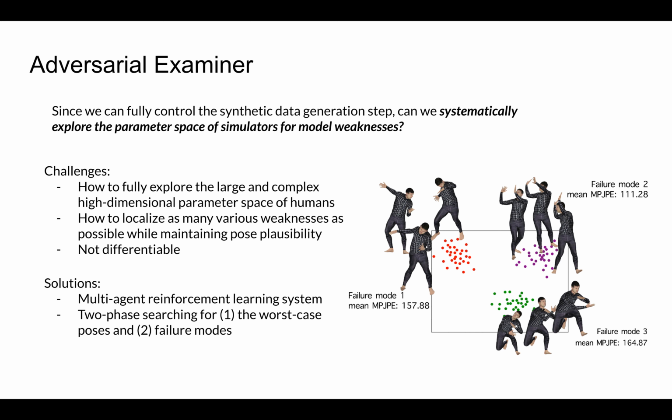More specifically, each agent starts at different randomly initialized seeds and explores the latent parameter space to find failure cases. After converging to a local optimum, each agent explores the local parameter space to find a connected failure region that defines a whole subspace of images where the pose is incorrectly predicted.